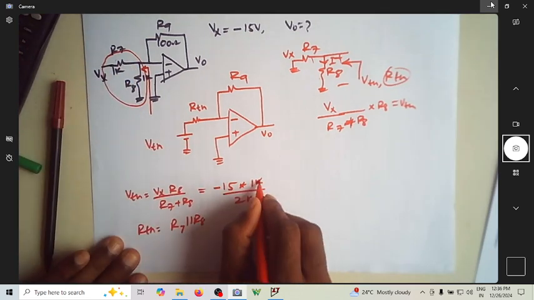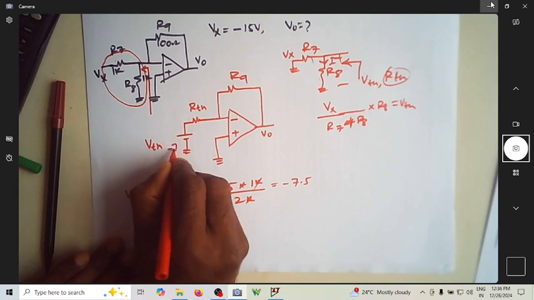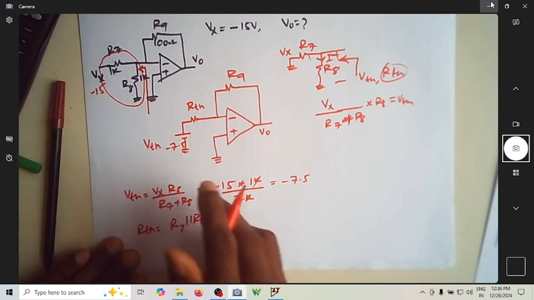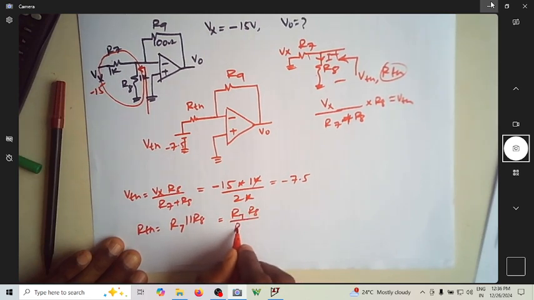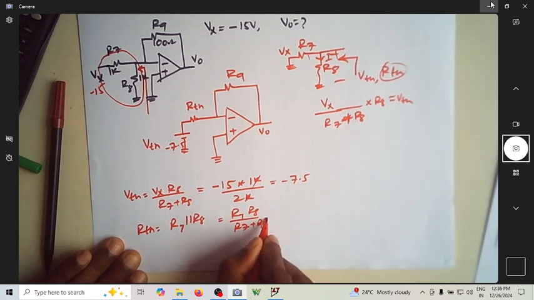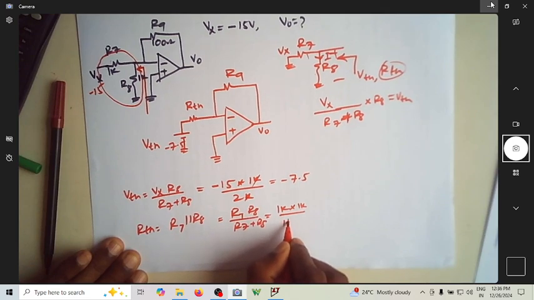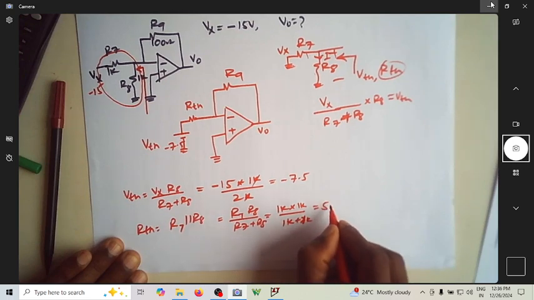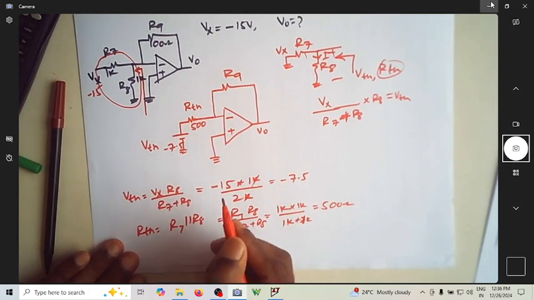So now you can see it is minus 7.5 volt. If this was minus 15, then this becomes minus 7.5. Then R Thevenin is nothing but R7 R8 divided by R7 plus R8, which is 1k into 1k by 1k plus 1k, which happens to be 500 ohm. So now you have a 500 ohm resistor.